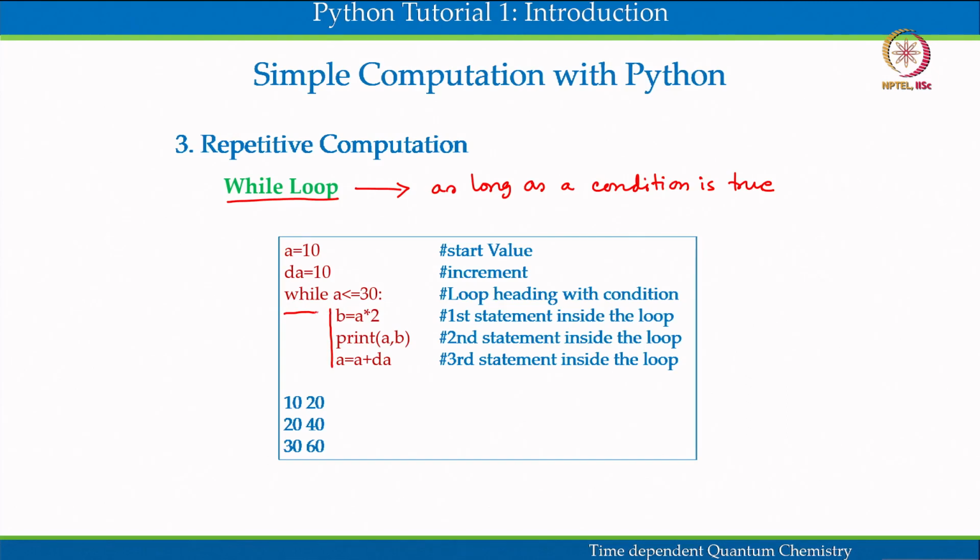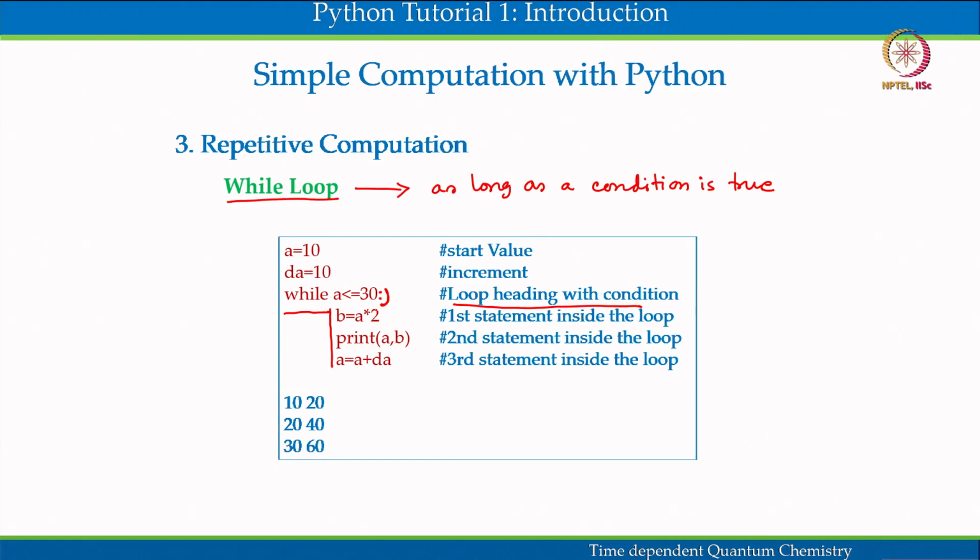You see, there is a space we have given, either you can use a space or a tab, and the loop heading with a condition is given, and at the end of the heading we have a colon sign which is defining the loop.